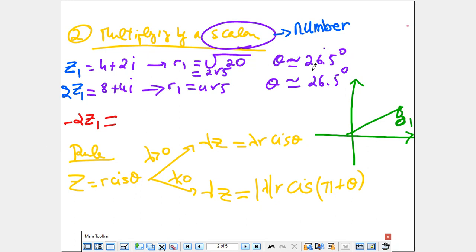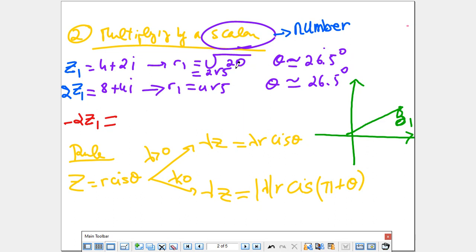And the angle, since I'm in quadrant 1, tangent theta is y over x, so it's approximately 26.5 degrees. I don't care about the exact angle here, I just need to see if there is any relation. If you multiply z1 by 2, the modulus will be 4 radical 5.